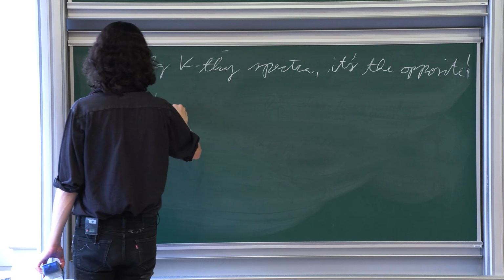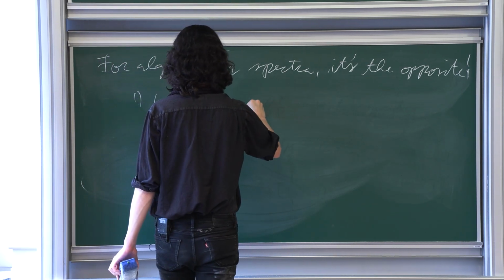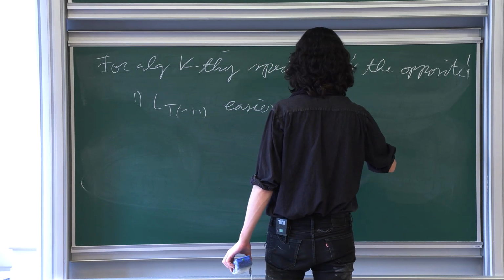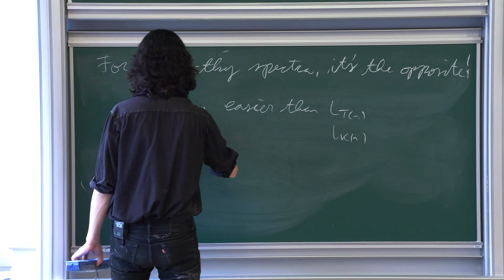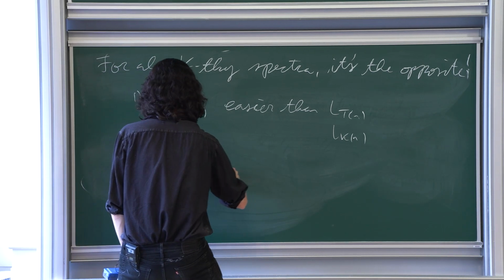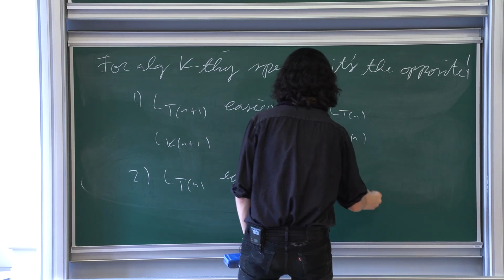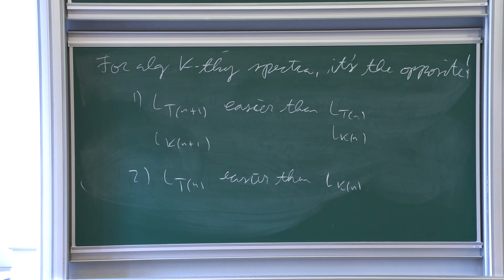So L_{T_{n+1}} is easier than L_{T_n}, L_{K_n}, L_{K_{n+1}}. And even more shockingly, L_{T_n} is easier than L_{K_n}. So the rest of today's lecture and next Tuesday's lecture will be about exploring this kind of backwards behavior.